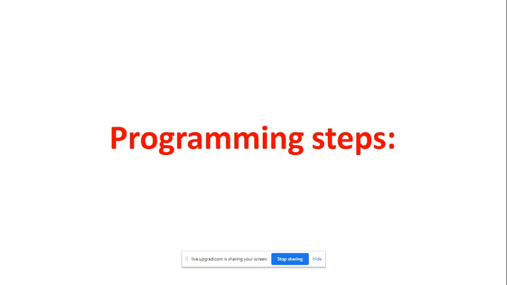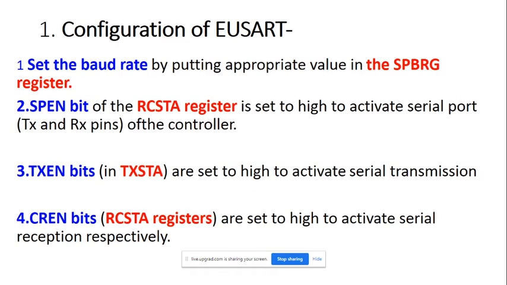Now according to this much theory knowledge, we will write the programming steps for serial communication. First configure the EUART, that is the enhanced UART module. First set the baud rate by putting an appropriate value in SPBRG, that is the serial port baud rate generator register.